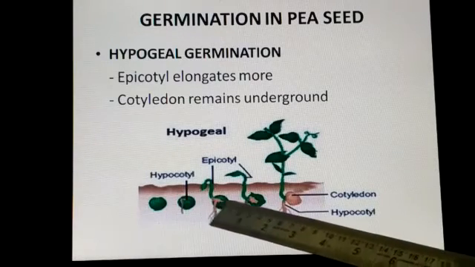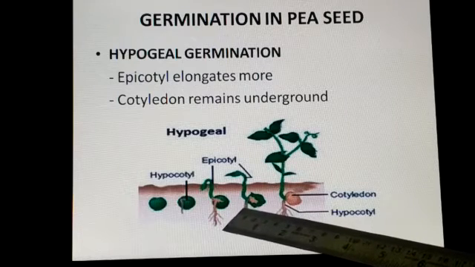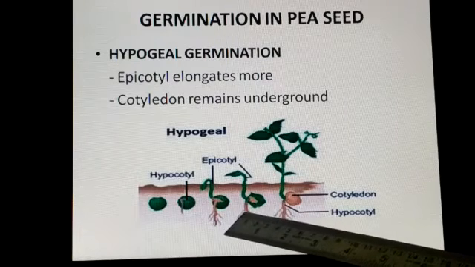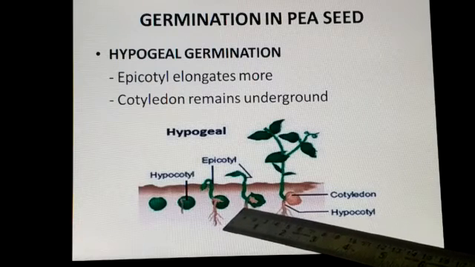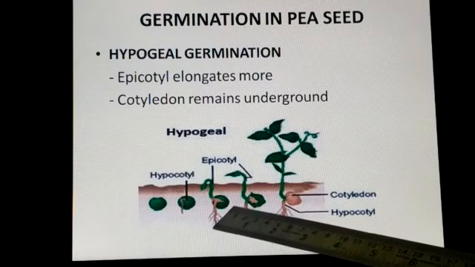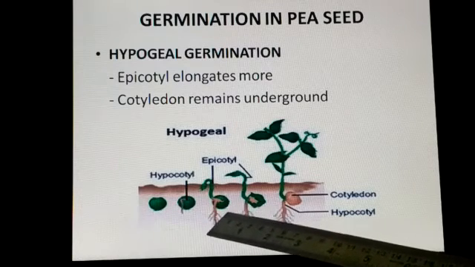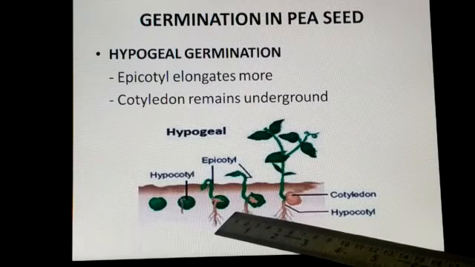Look here. Now, in this case, what do we see? I had told you 2 things to keep in mind to understand the 2 kinds of germination. The position of the cotyledon, and with that only you will understand what kind of germination it is, and then you can state which part of the embryonic axis grew more, epicotyl or hypocotyl.